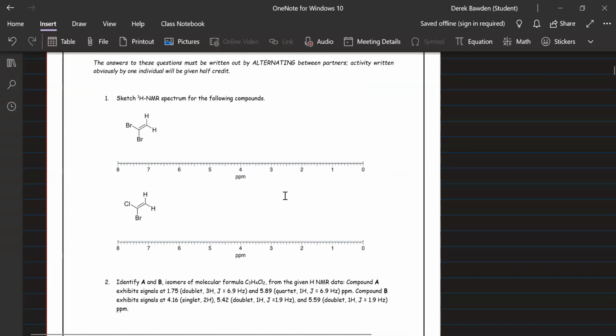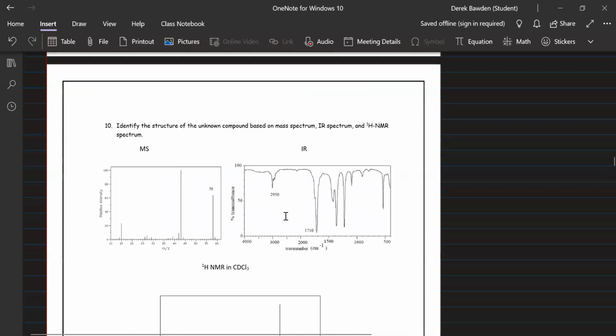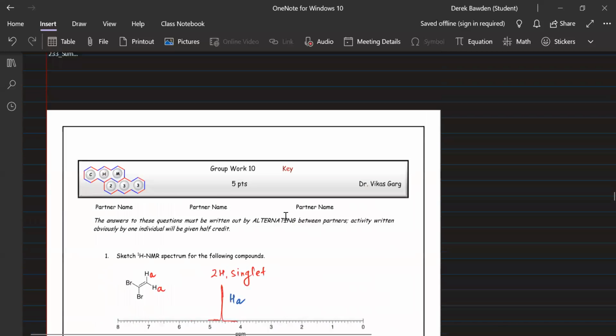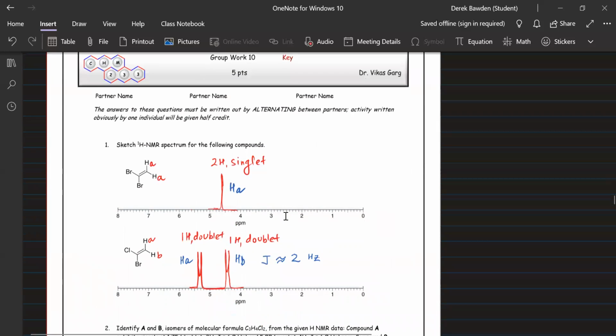So the same with part B, except chlorine's going to pull harder than the bromine, so it'll be a little more downfield than the first one, is what I would guess. But let's double check. I brought the key up too. Oh, that's right.